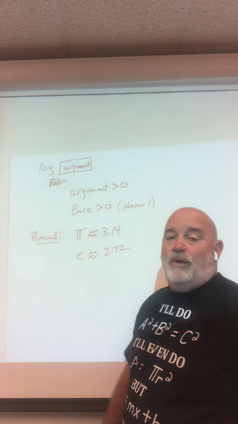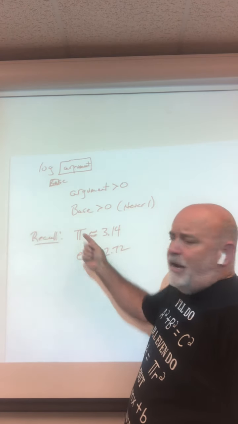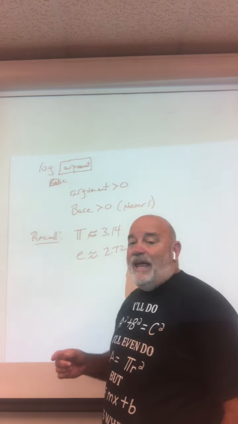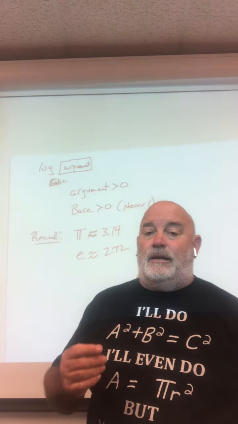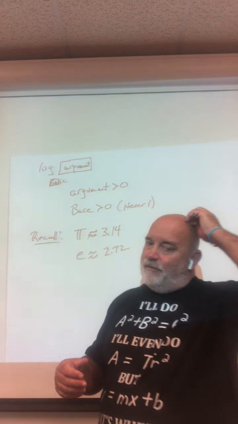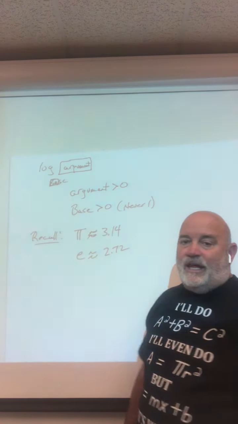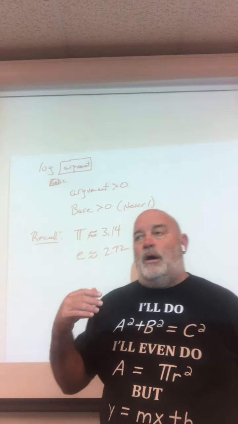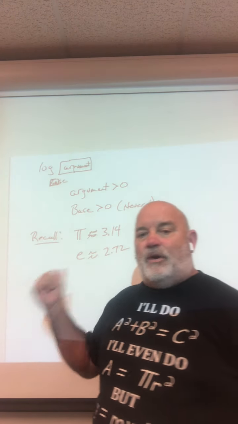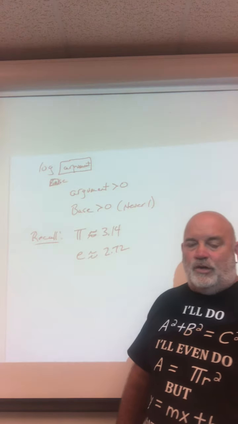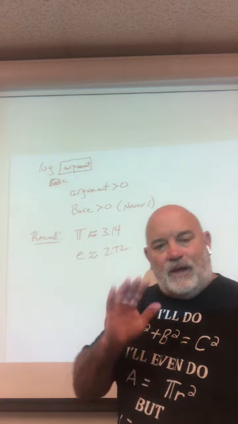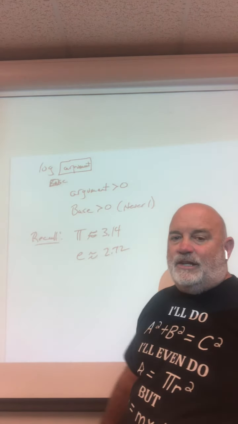E is about 2.72. The number pi is used a lot in geometry formulas. The number e is used a lot in banking and the financing world. Business, banking, financing, that's where that number e is used a lot. When you are buying a house or doing something like that, the number e is in a lot of those formulas. Doing certain things involving interest and stuff like that we're not going to do, but that's where that number e is used a lot.